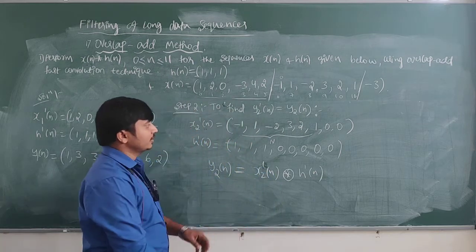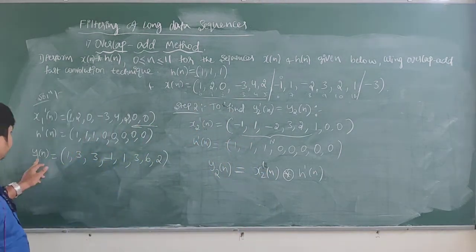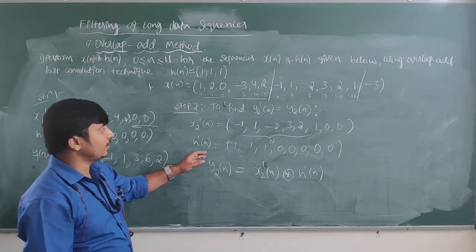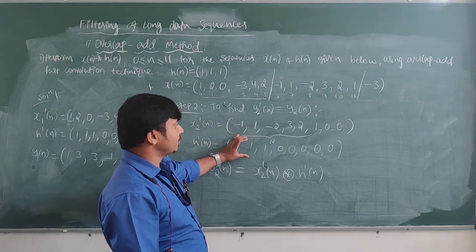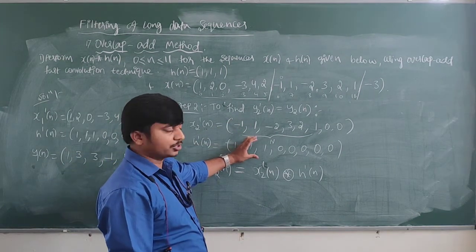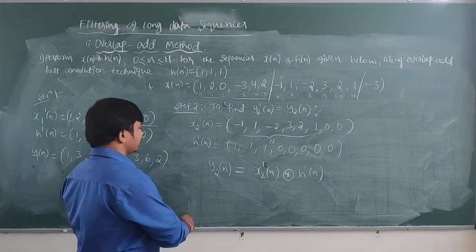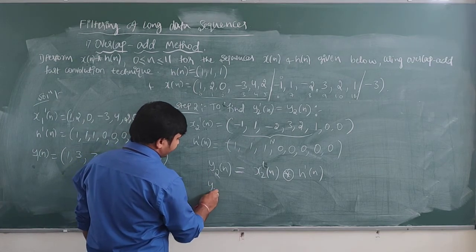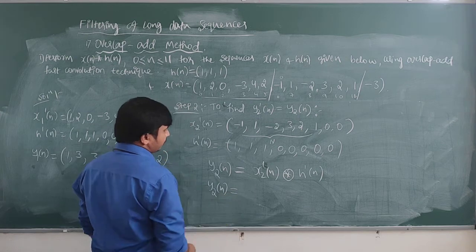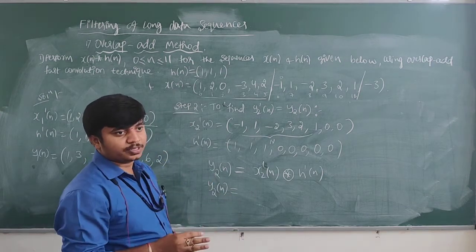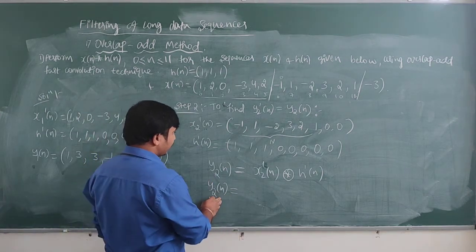Okay. So as in the first step, I can compute the y1 of n. In a similar manner, I need to take this in the matrix method and perform the circular convolution to obtain this y2 of n. You follow the same steps as in the previous step. So I get the y2 of n.